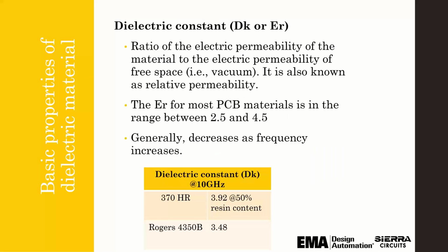Okay, and then electrical properties, dielectric constant, Dk or Er, which mean the same thing. So in this, it's really important to understand data sheets are actually not correct. They're a good place to start, but they're usually only valid for a specific resin content percentage, usually about 50%.